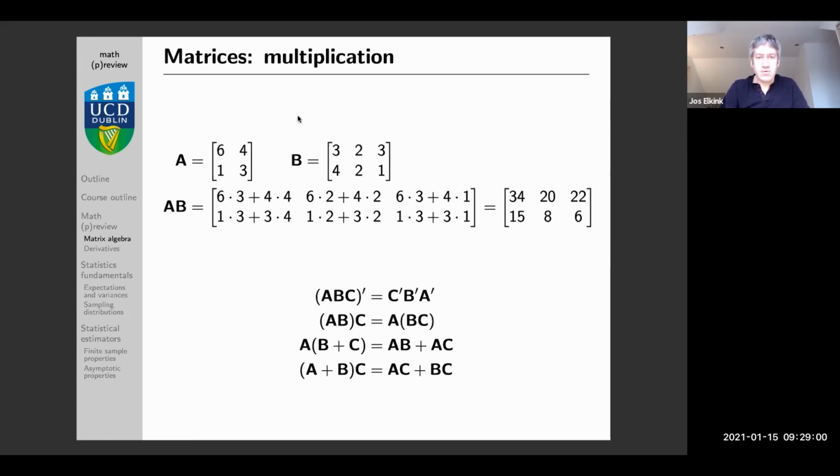So in this example, we multiply A times B, and A has 2 columns and B has 2 rows, and that means we can multiply them. And a bit like with the vectors, I find it myself easier to write it like this, but this is not official math notation. This is just how I find it easy. So I put one here, and I put the other one here.